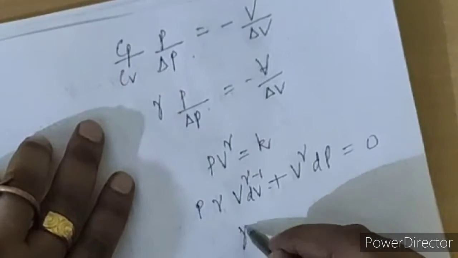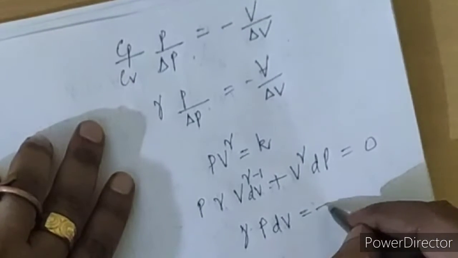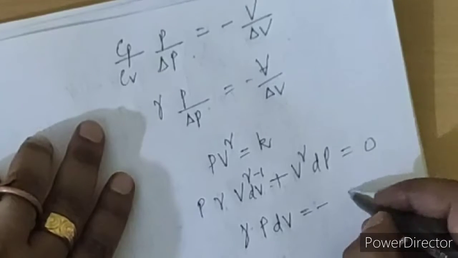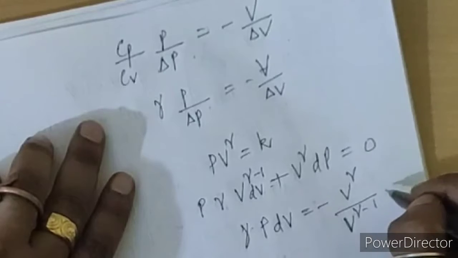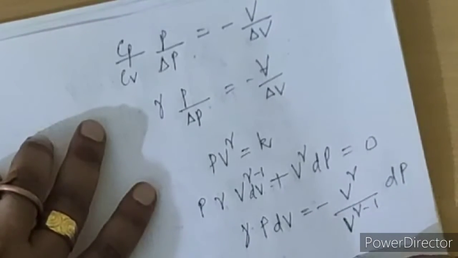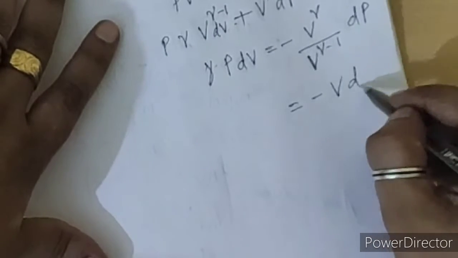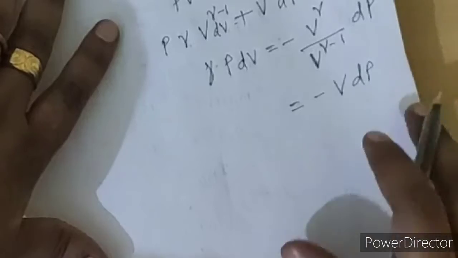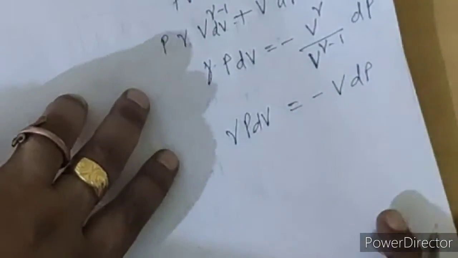And then we have gamma P dV is equal to minus V gamma minus 1 dP. This becomes minus V dP, and this is gamma P dV.